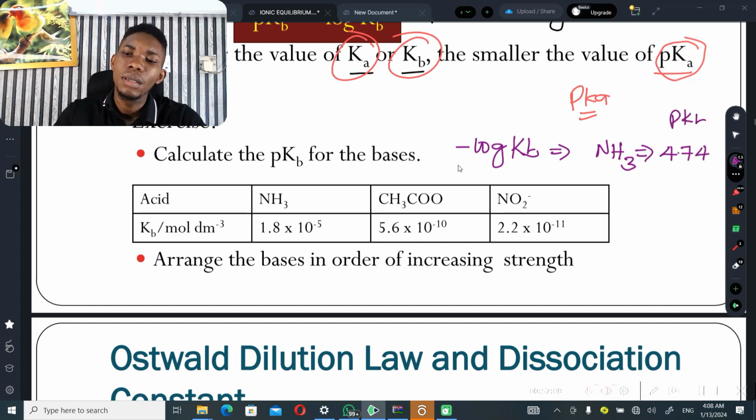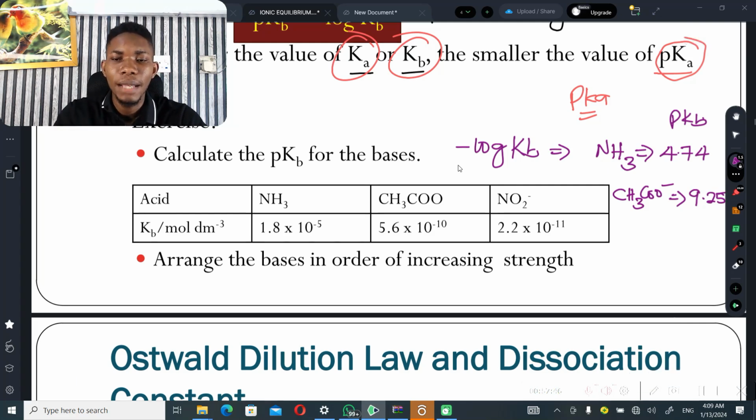This is the pKb of ammonia. Now the next one is acetate ion. What do you think is the pKb for acetate ion? Now you come back. This is 5.6 times 10 raised to the power of minus 10. This gave me 9.25.